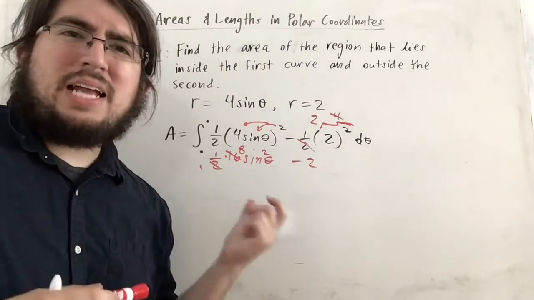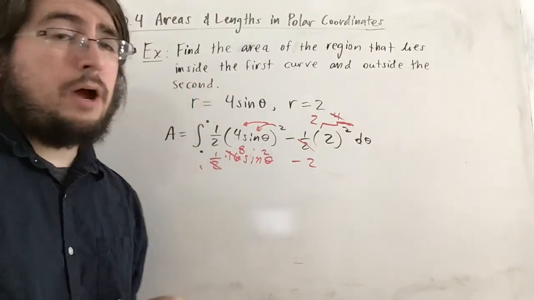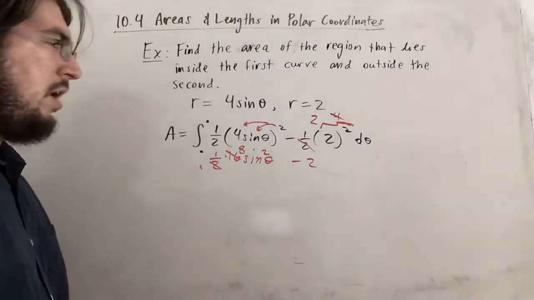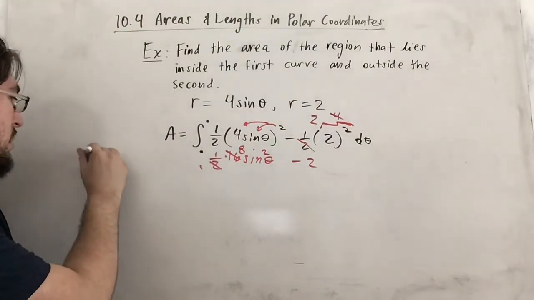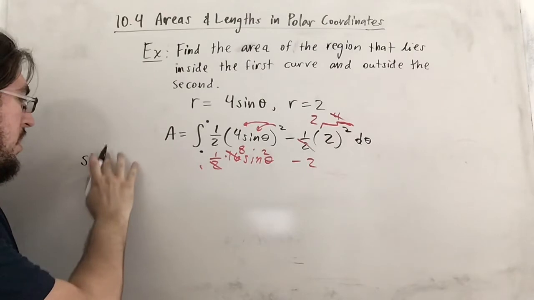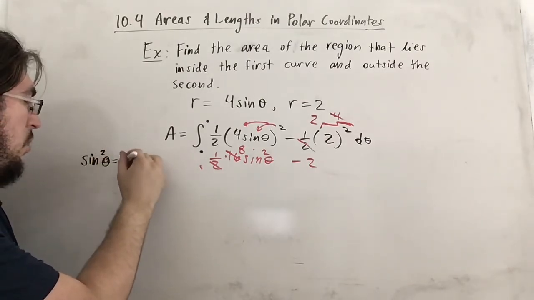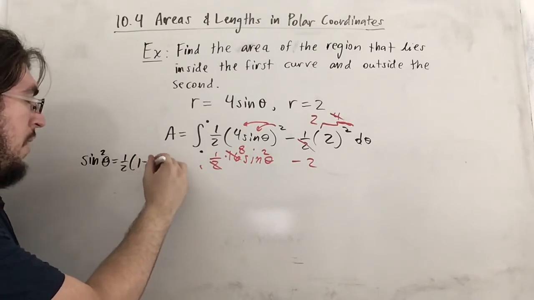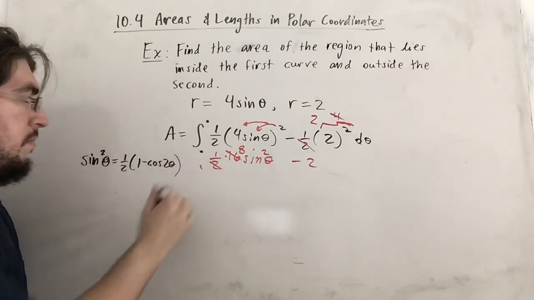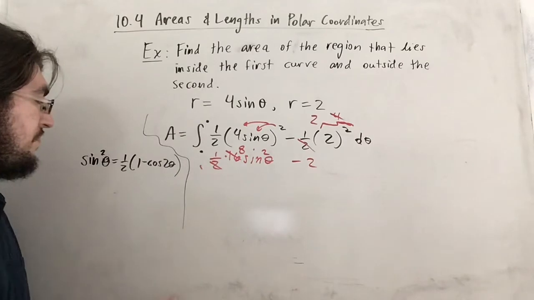Also, to take the antiderivative of sine squared, we need to use a power reducing formula. So, in fact, let me write that over here just to remind us. Sine squared of theta, if you recall, is 1/2 times 1 minus cosine of 2 theta. Perfect. Let me border this off a bit.